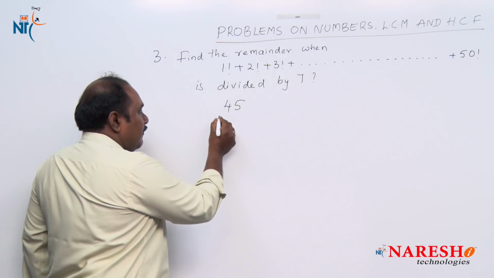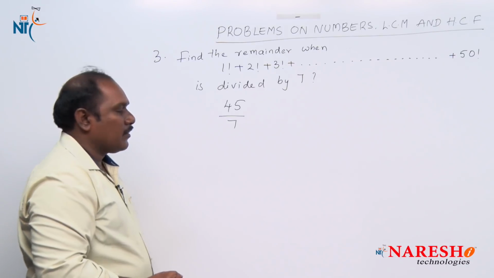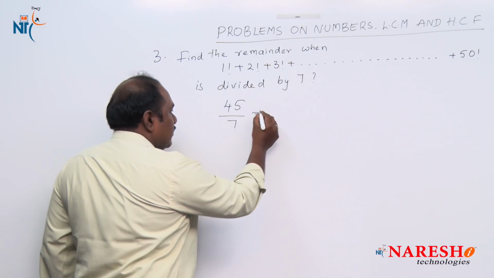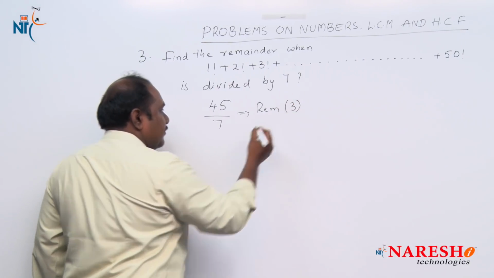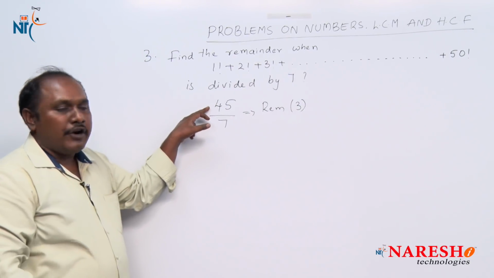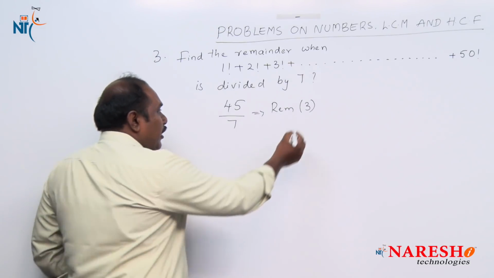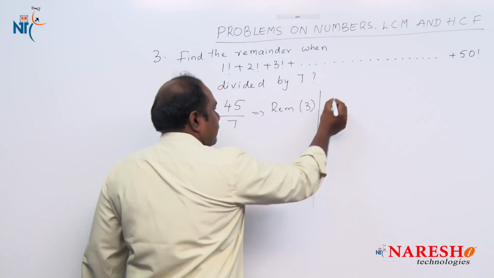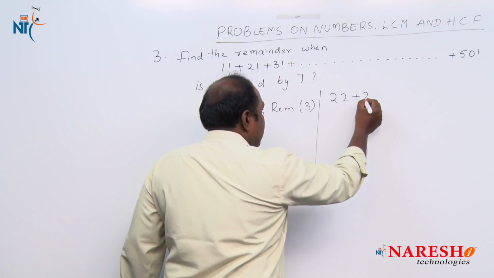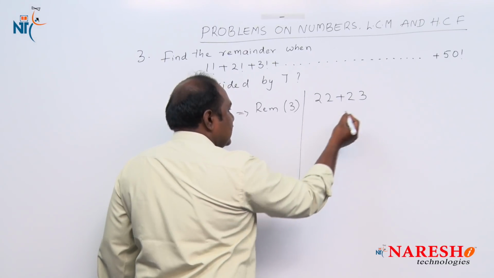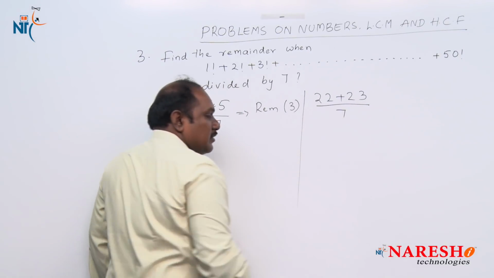45, when I divide with 7, what is the remainder? If I divide 45 with 7, the remainder is 3. 7 sixes are 42, I get a remainder 3. Now the same 45, if I split, I can split it as 22 plus 23, divided with 7.